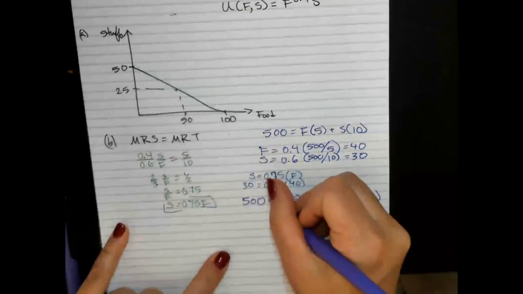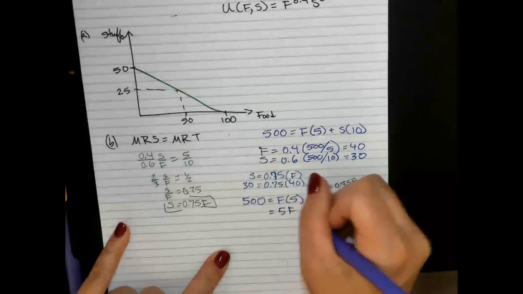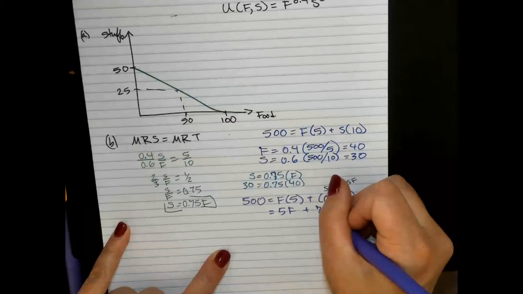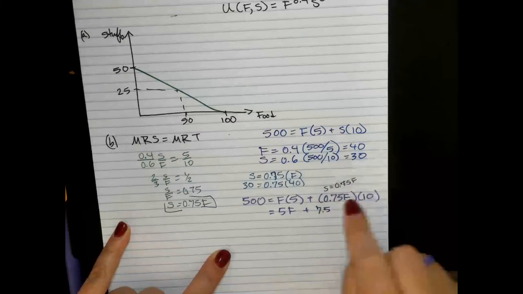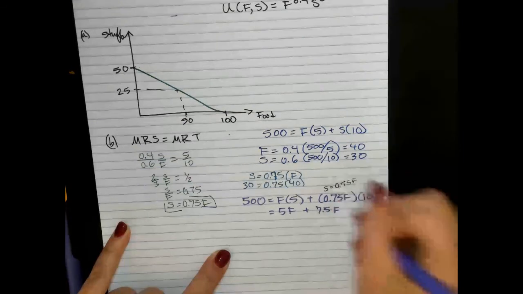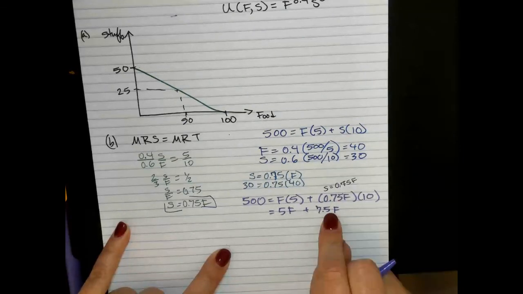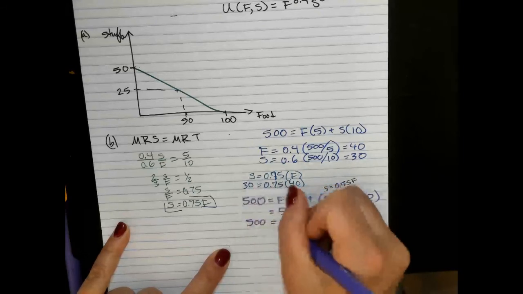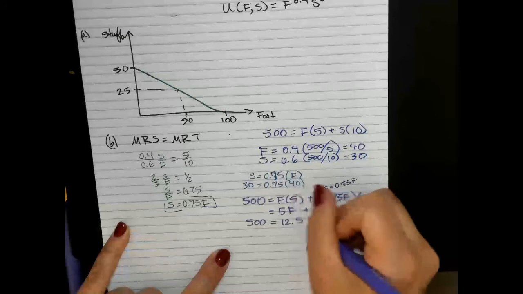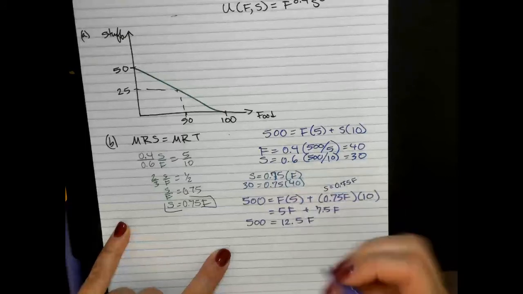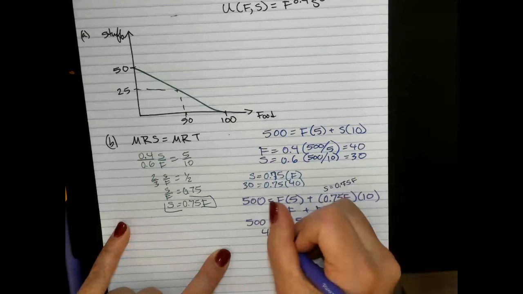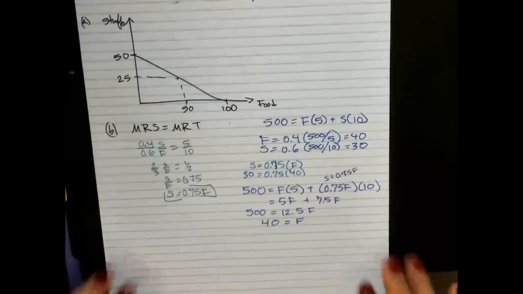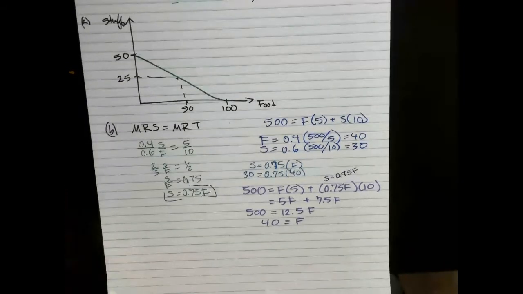So 500 equals 5 times F plus 0.75 F times 10, which is going to give us 7.5 F. And then 7.5 F plus 5 F is going to give us 500 equals 12.5 F. Divide both sides by 12.5, and we get 40 equals F.